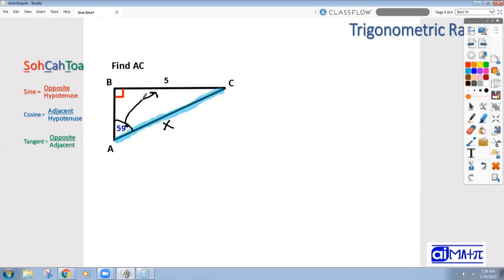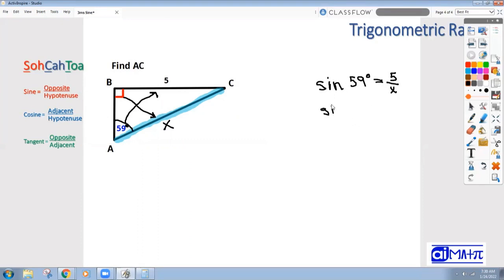So we refer to that as opposite. And then this is across from the right angle. We refer to that as the hypotenuse. So again, we have the O and the H. So we would use sine. Sine is abbreviated like that. So sine of 59 degrees is equal to 5 over x.